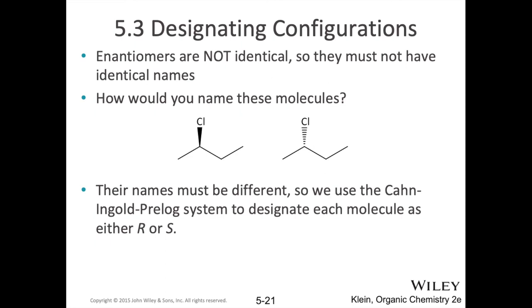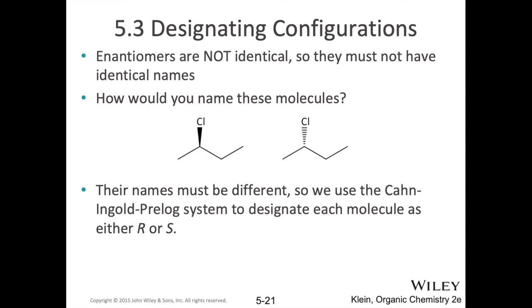We can't just call them 2-chlorobutane because while they are both 2-chlorobutane, they're not the same molecules. We need something to distinguish them. So to do that, we use what's called the Cahn-Ingold-Prelog system, which uses an R or S designation in front of the molecule to help denote which enantiomer it is.